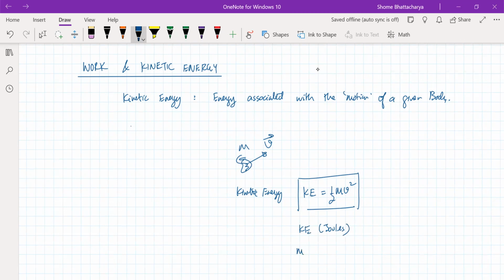So if mass is in kg and velocity is in meters per second, you can see that 1 joule is equal to half kilogram meter square per second square, equal to 1 Newton meter. It's one and the same thing. So notice that work and energy have the same unit.